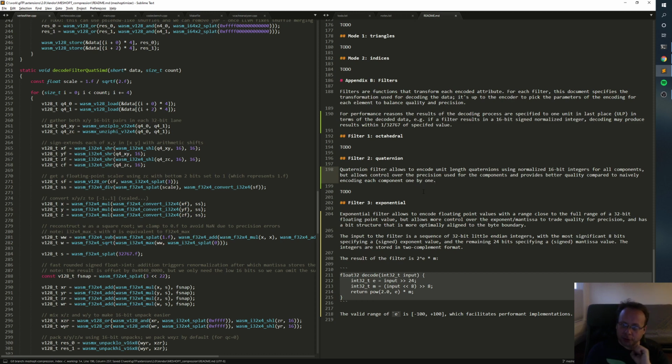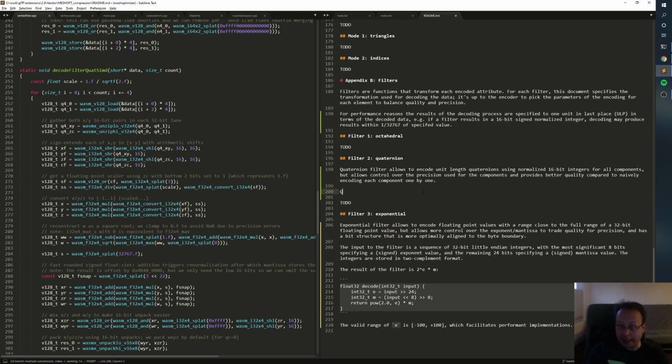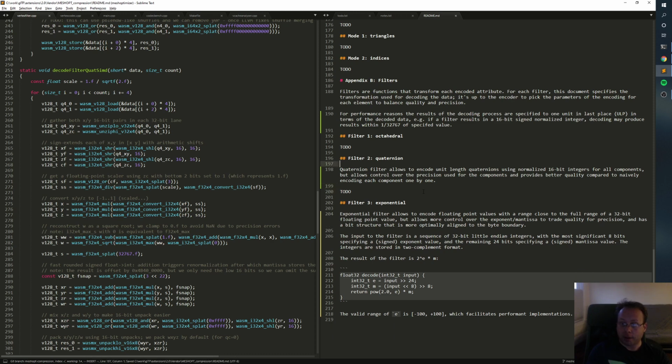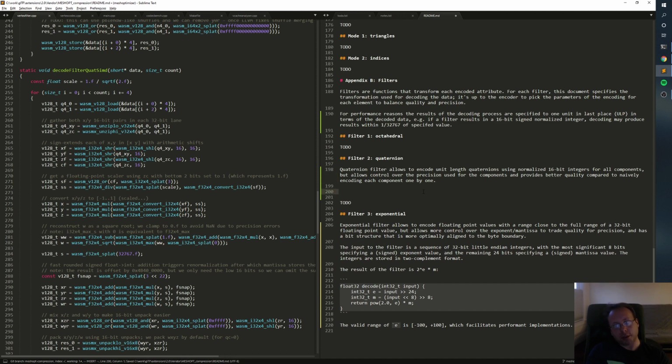And so the Quaternion filter is a bit interesting because you encode the unit length Quaternion, but when the filter finishes, it doesn't produce 4 floats actually, it produces 4 floats encoded into 16-bit integers. So we could say that the Quaternion filter, how do I say this?